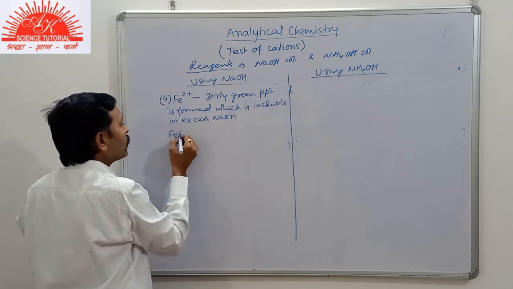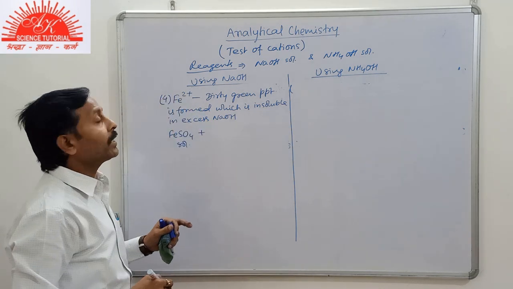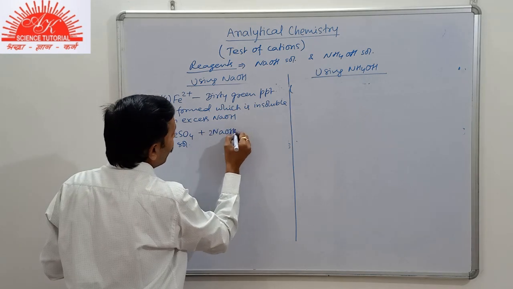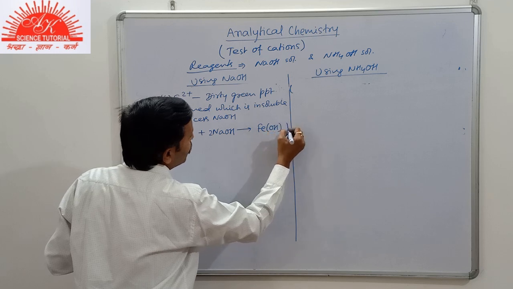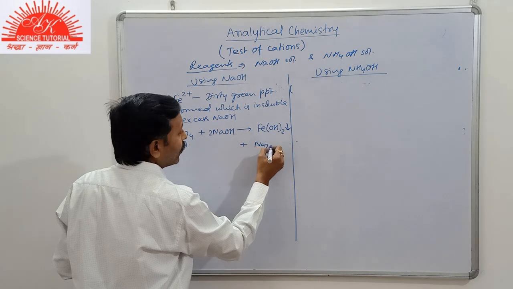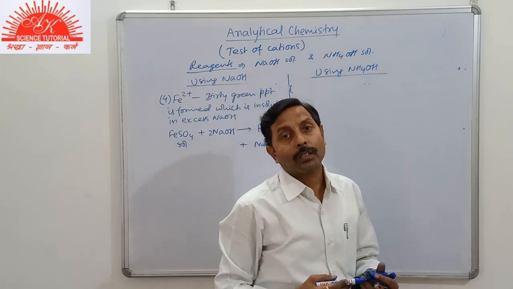Suppose this time we use ferrous sulfate solution. We have to use ferrous Fe2+ salt plus NaOH gives Fe(OH)2. This is a dirty green precipitate. So the compound present in the dirty green precipitate is ferrous hydroxide.